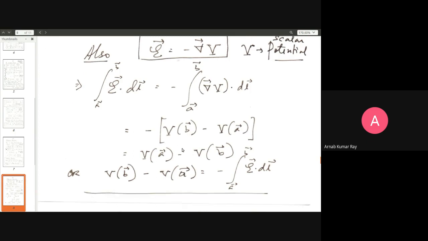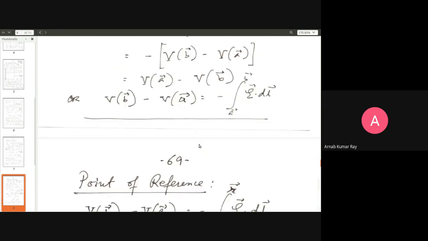You can put the minus sign inside also, it will be VA minus VB, but I'd rather keep it this way: VB minus VA. You take this minus sign to the left-hand side, so VB minus VA will be minus the integral from A to B of E dot dl.